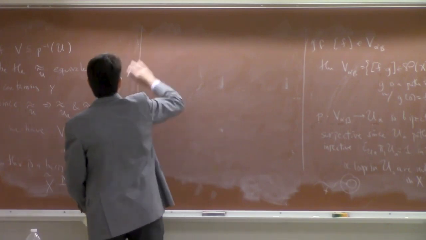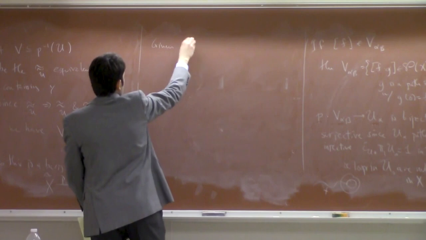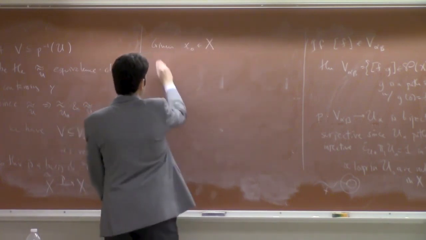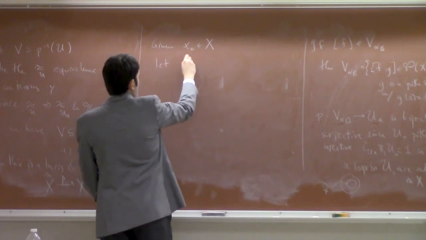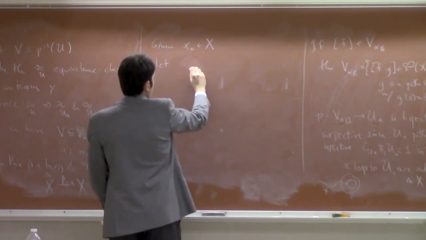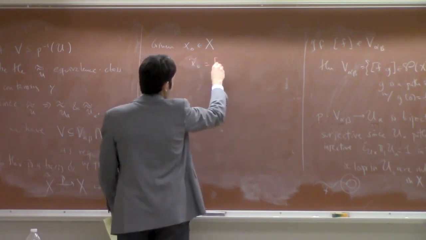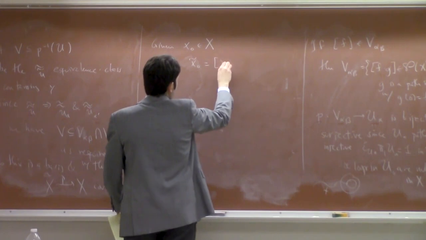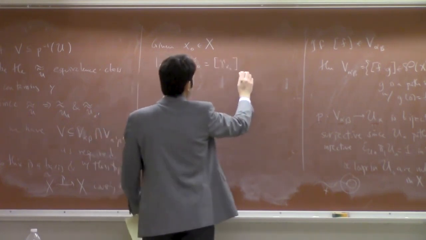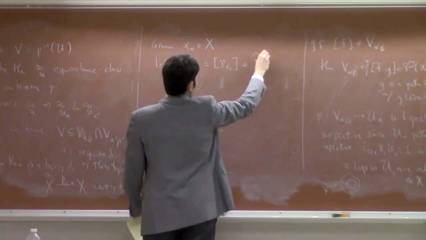Okay, so given our base point in X, let's call it X naught, let X naught tilde be the lift of the constant loop in X tilde, right?